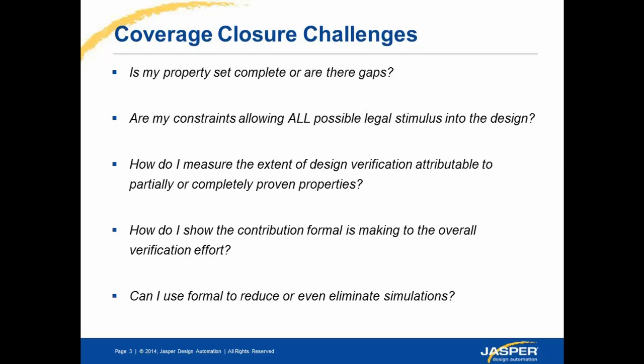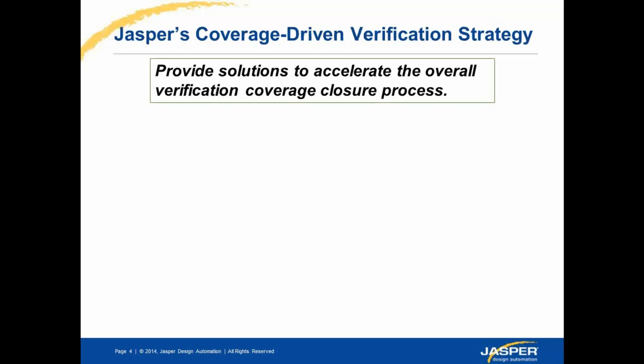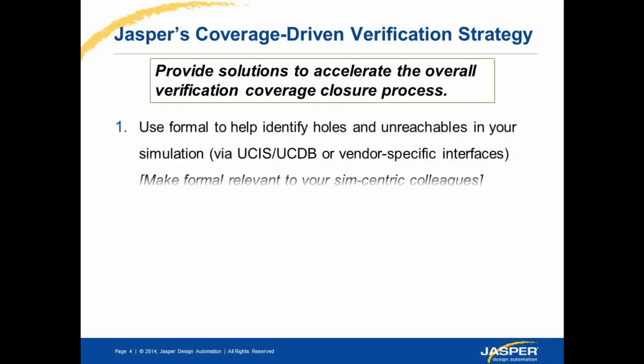But then I already have simulation coverage metrics. Can formal augment or help me in attaining closure when it comes to simulation? So Jasper's coverage-driven strategy is basically two-pronged. The first one, most of you are familiar with. It's the simulation coverage closure flow, where you can take your simulation coverage database, read it in, and identify all the unreachables and help you in closure when it comes to simulation coverage metrics.